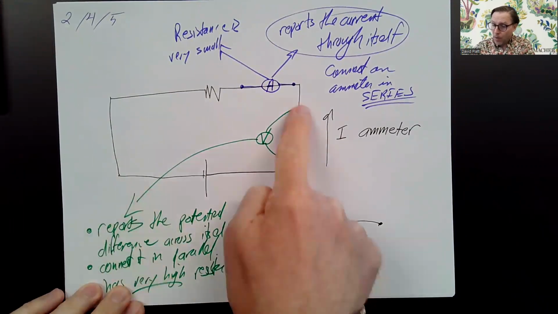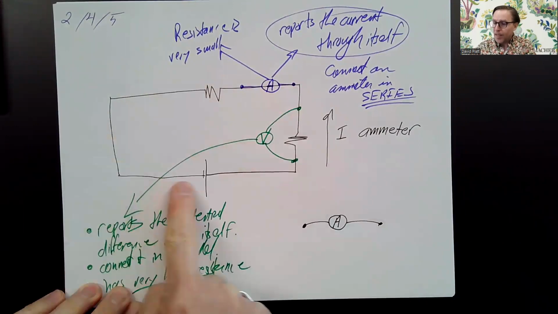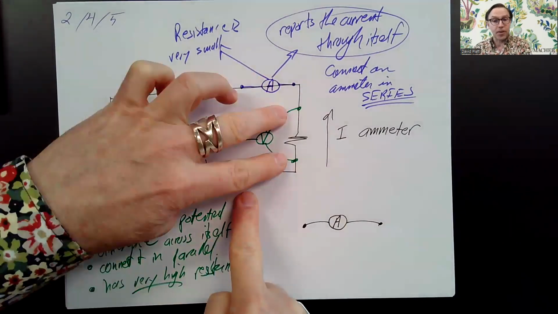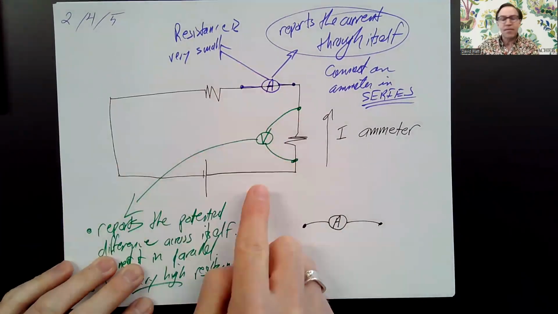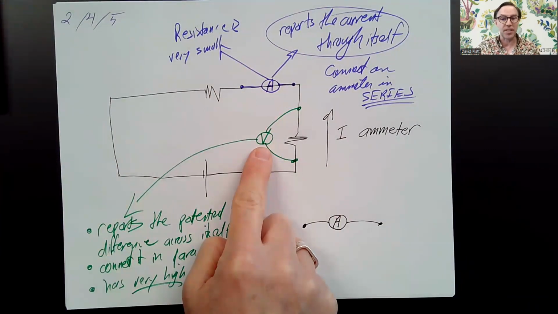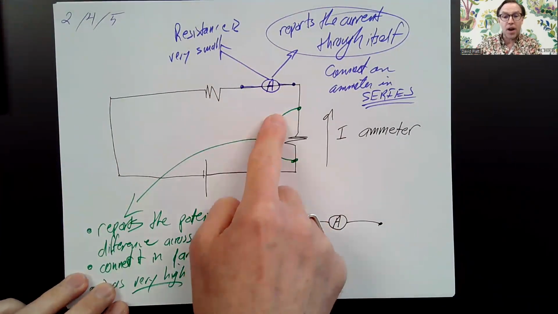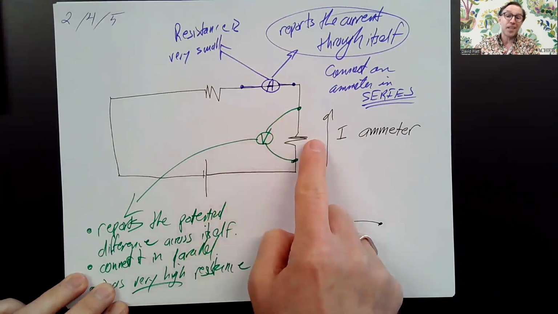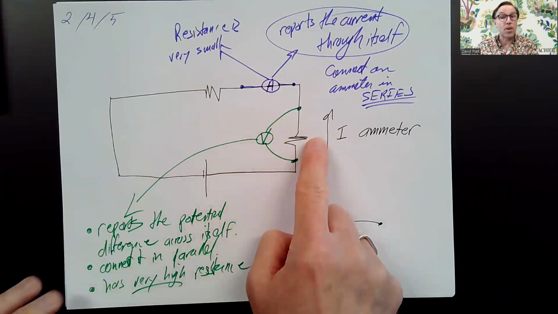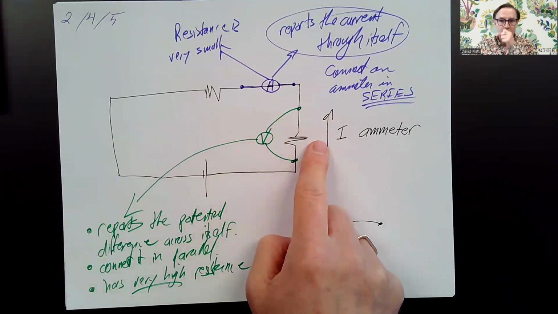I want what's going on before to still happen after when I connect the voltmeter. If the voltmeter does not have high resistance, then some current will travel through here, which means that less current will be traveling through here. I don't want to change the current through here.